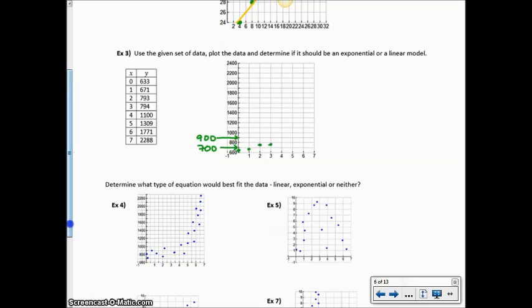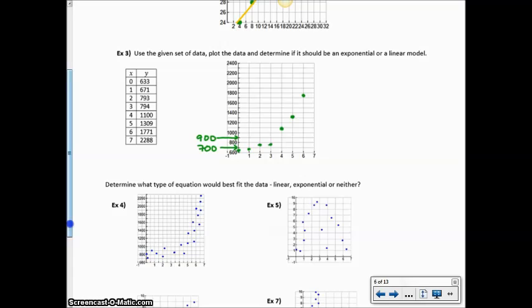So 4 is right on the dot there for 1,100. And then you've got 1309, so just barely above 13. And then 6 is 1771, so almost 1,800.